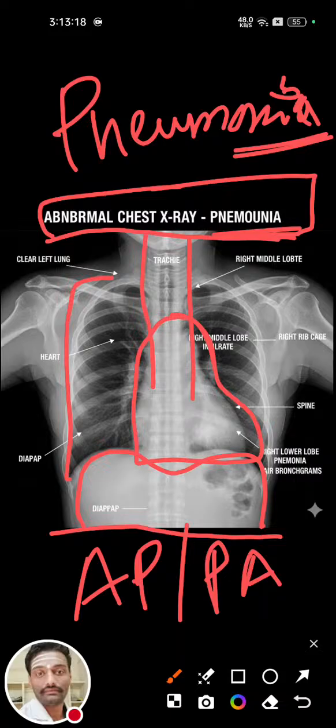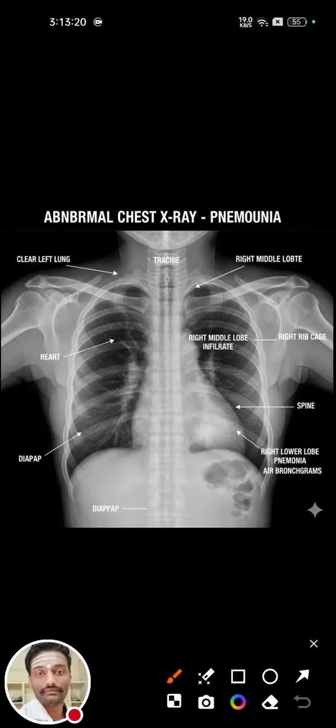In most pneumonia cases we see consolidation, homogeneous opacity, and air bronchograms: air-filled bronchi seen against the opaque alveoli, with no volume loss or mass.